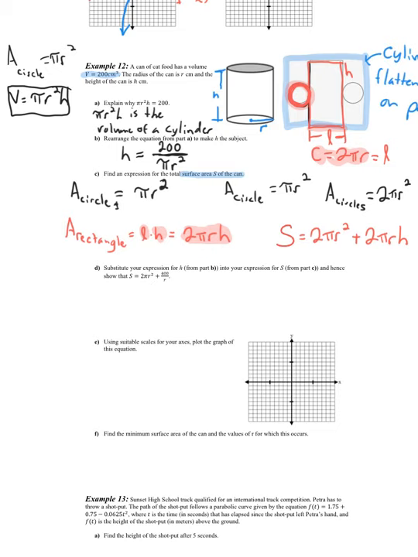Show that is another big thing you'll see on the IB exam. So again, we had the 2 pi r squared, which makes sense. That's the area of the two circles. And then it says, go ahead and substitute for h. We had 2 pi r, and then we know that h is going to be 200 over pi r squared.